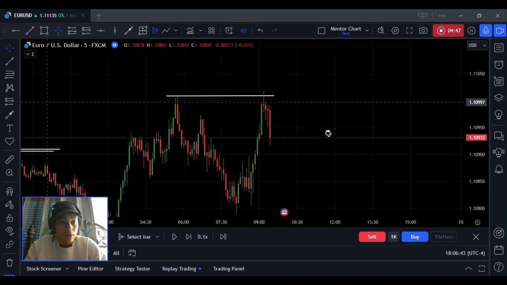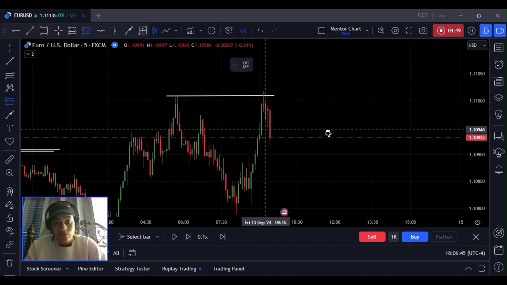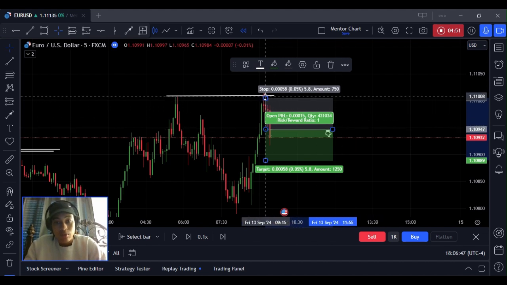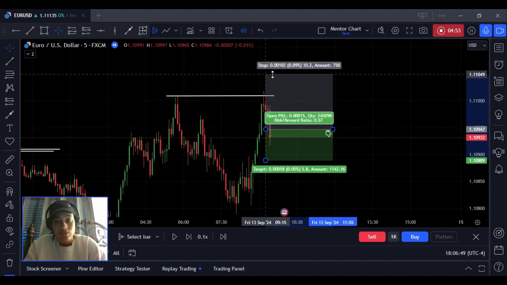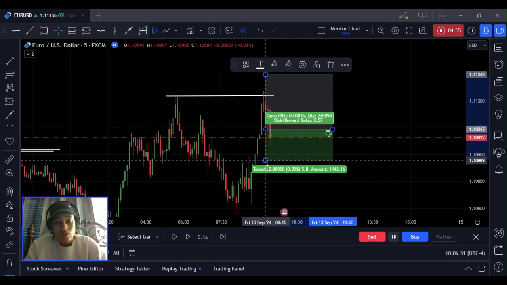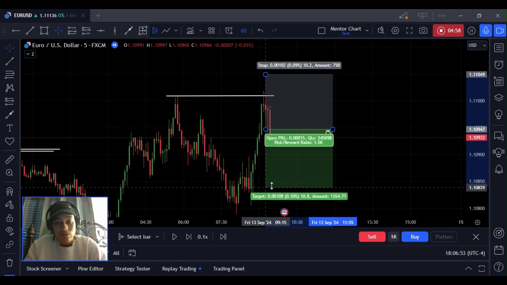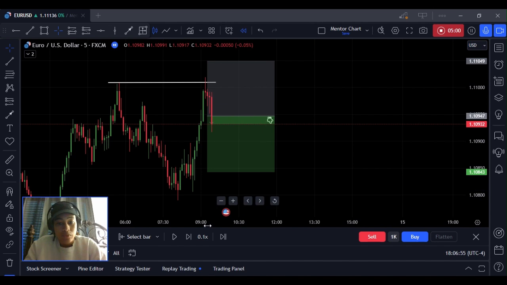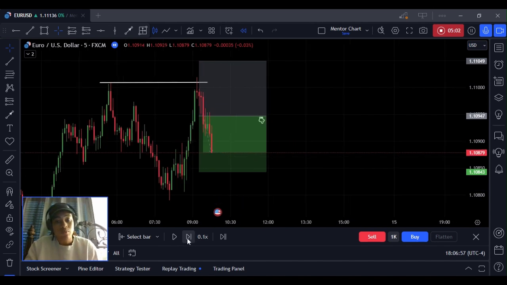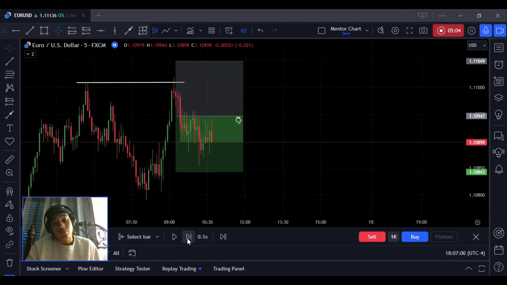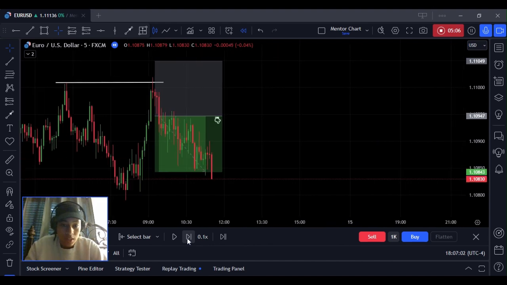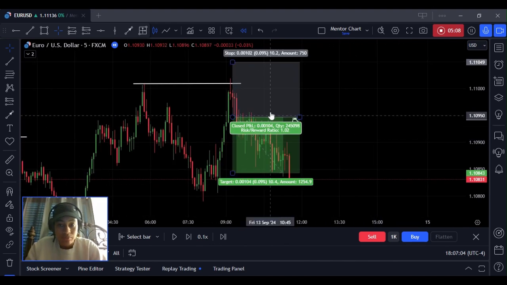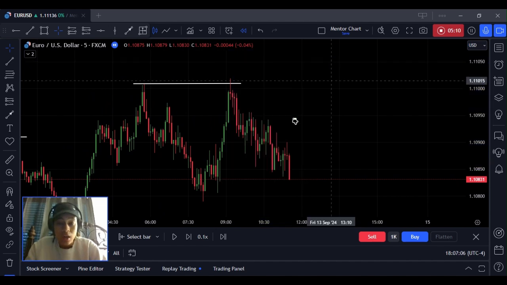Boom. I'm in the market right here for a sell. I'm putting this a bit above to 10 pips right here. Let's see how it plays out. You see it dancing. Boom. You won the trade. But there are so many other ways to enter it.